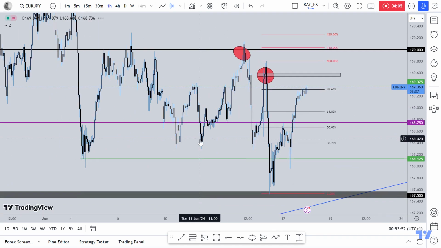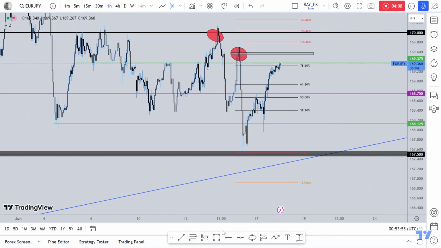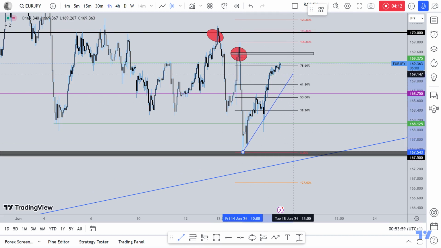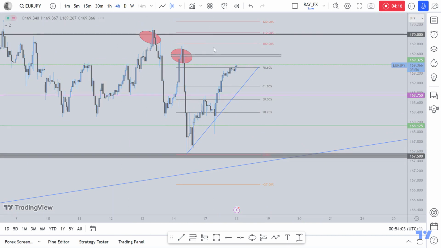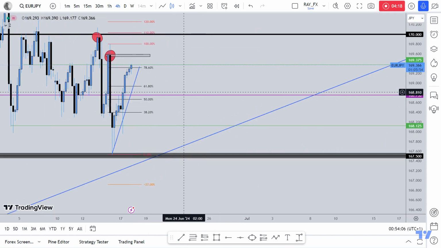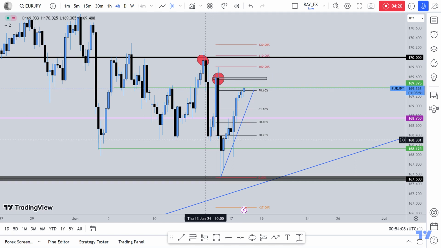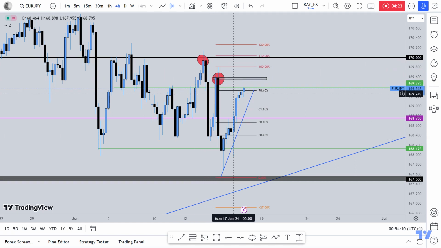Now does this mean the market can still sell off? Of course, the market can still sell off. Seeing the price hasn't broken this area of resistance on the 4-hourly, the structure on the 4-hourly is still very much bearish. We are making lower highs.